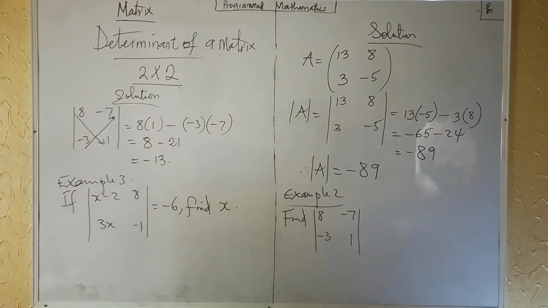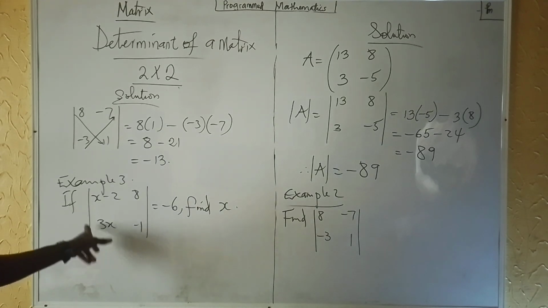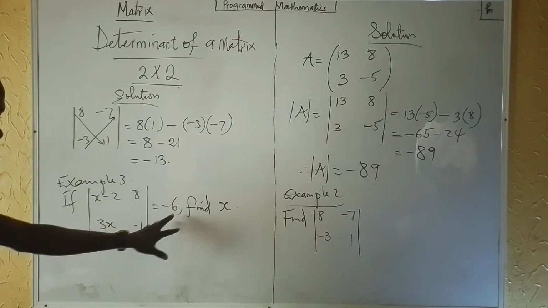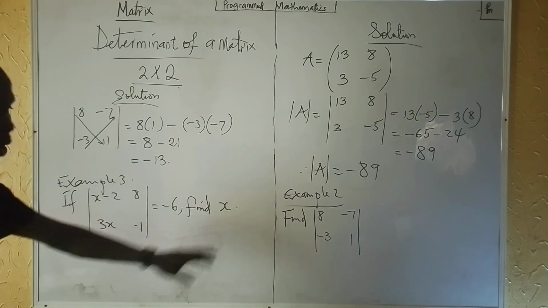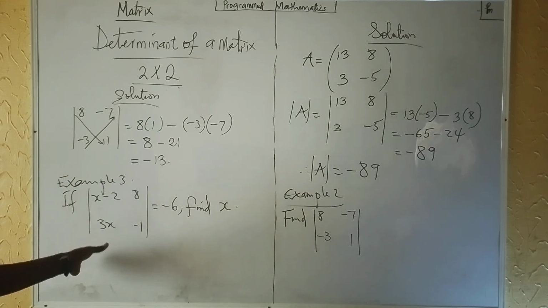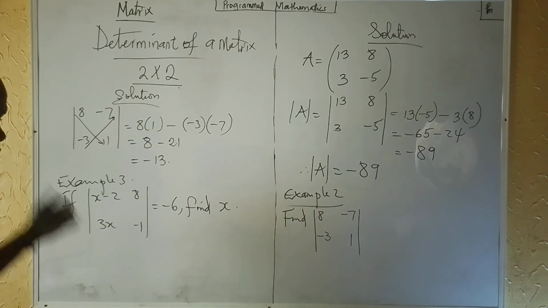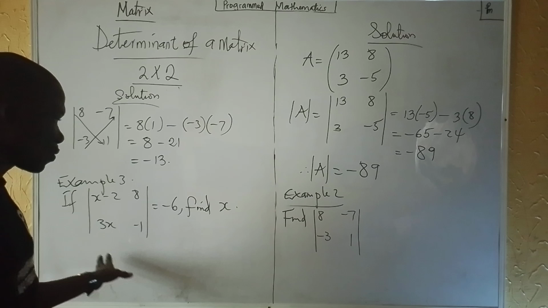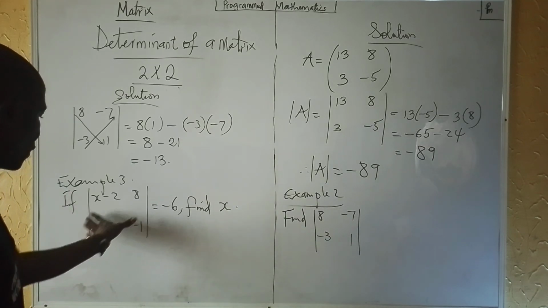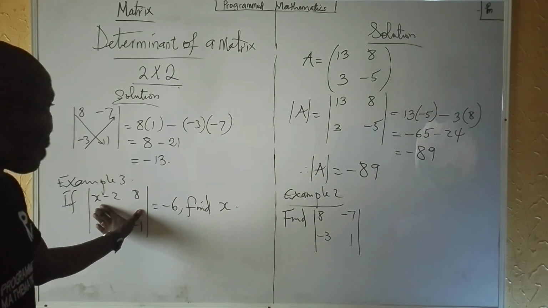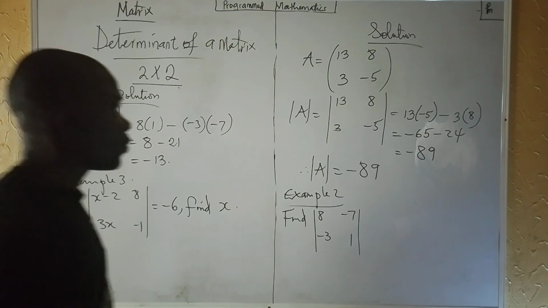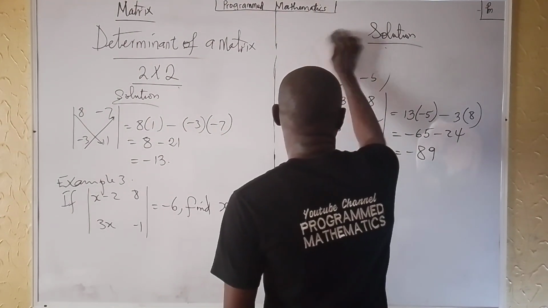So we want to find the value of x. In this case, we are given the determinant of this matrix to be equal to minus 6. This is not a difficult problem to solve. The most important thing is for you to note that what you have here is talking about a determinant. So use your knowledge of determinant to solve the problem. Now let's look at the solution to that.